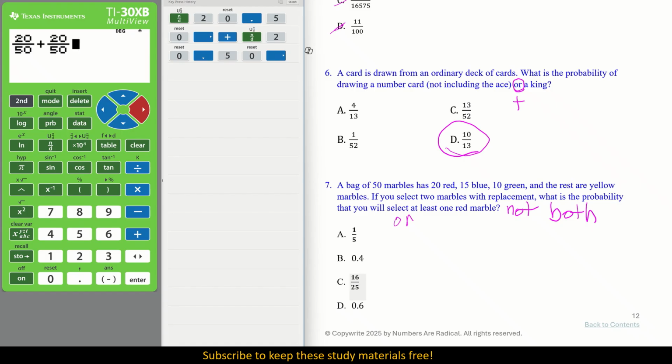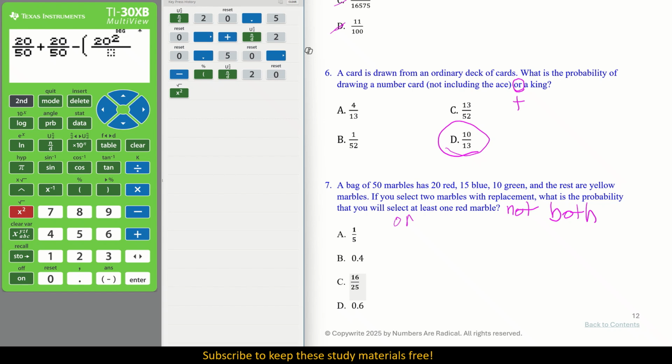So now we have to apply the equation that we had talked about prior, or the formula. So we subtract, and I always like to use parentheses, set up my fraction again, and that would be for both. Because we have 2 selections, that is going to be 20 times 20. So I'm going to square it because we're multiplying.